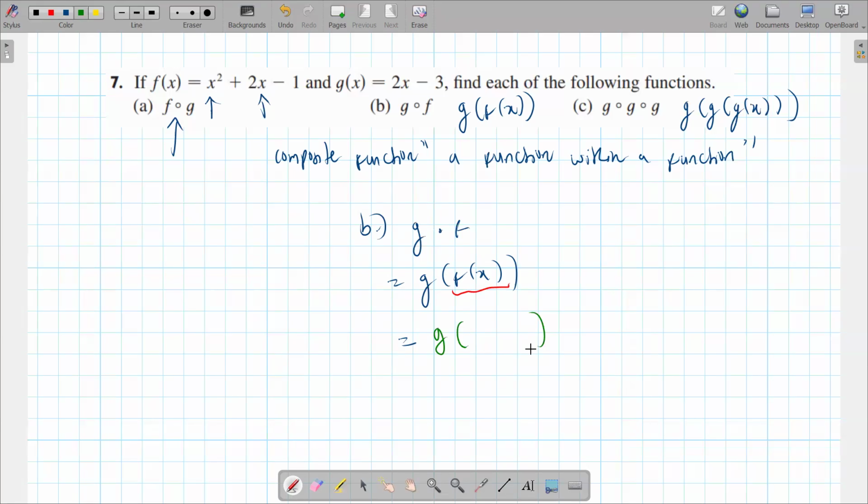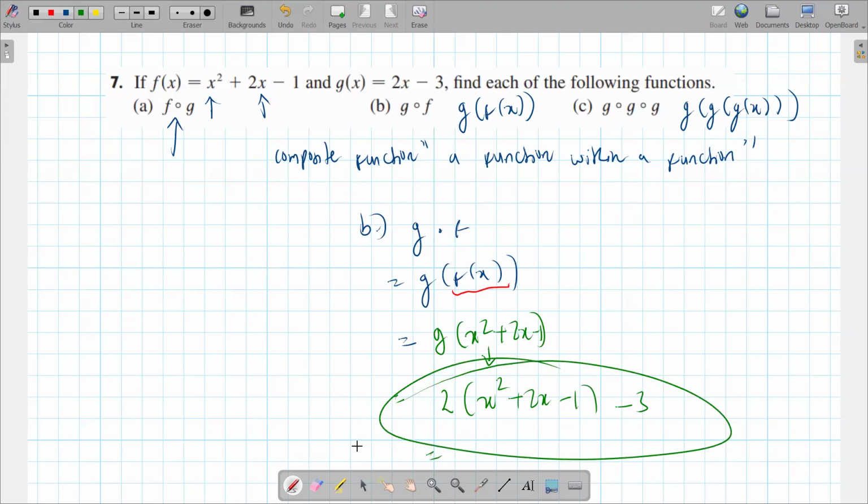What is the value of f of x? x squared plus 2x minus 1. What's the final step? What do we do with this? You plug it into the x values for g of x. Yes. There's only one x value for g of x, so it'll become 2 times this, minus 3. You don't need a calculator for this, but you can clean this up. And that's it for that.